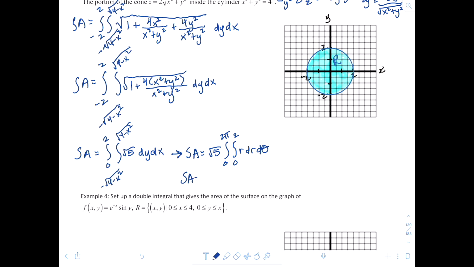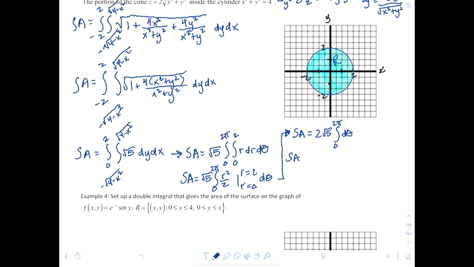So our surface area will be root 5 times the integral from 0 to 2 pi of r squared over 2, from r is 0 to r is 2, with our d theta hanging out. The 0 will zero out, and then r squared would be 4, and over 2 we'd have 2. So surface area is 2 root 5 times the integral from 0 to 2 pi of d theta.